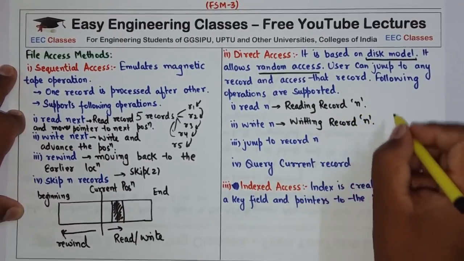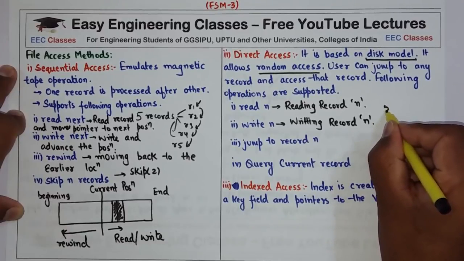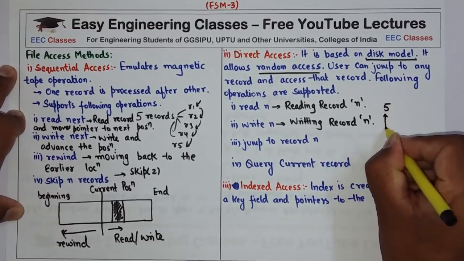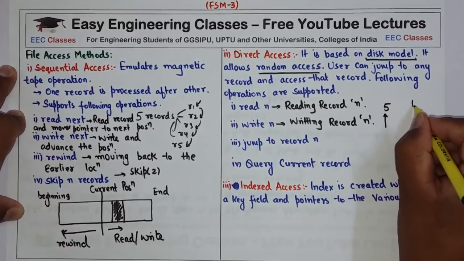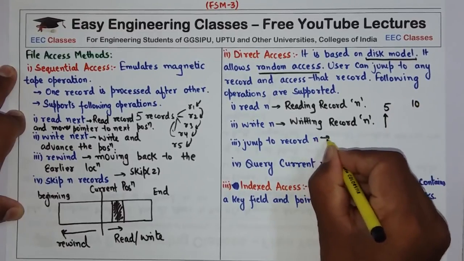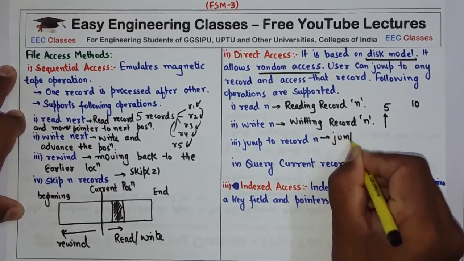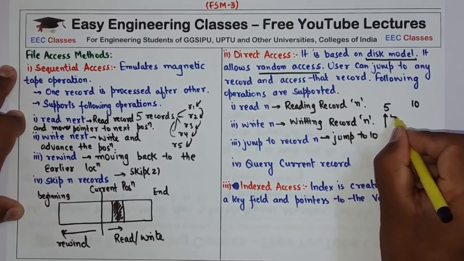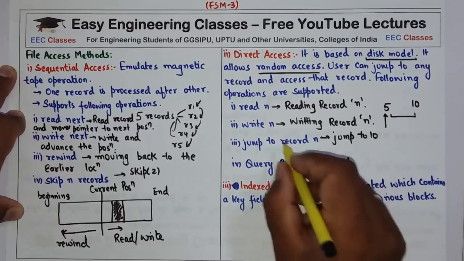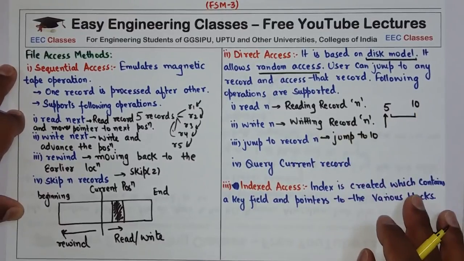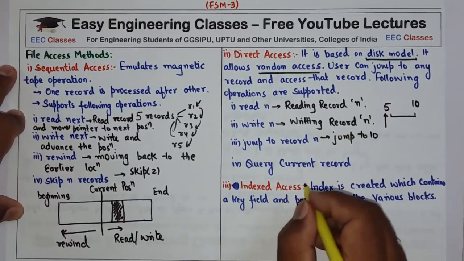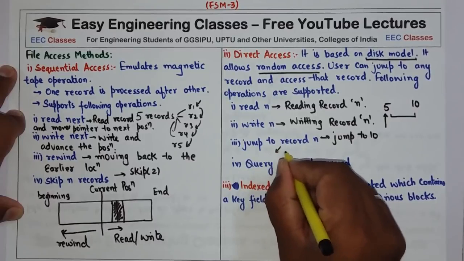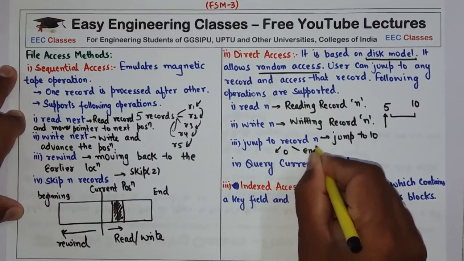Jump to record n means, if suppose currently we are at record number 5 and we want to access record number 10, then I can use jump to 10 from 5. It means it will skip all the records in between 5 to 10 and directly jump to record number 10. And it can also be 0 or end of the file.